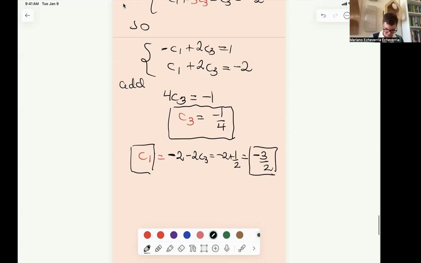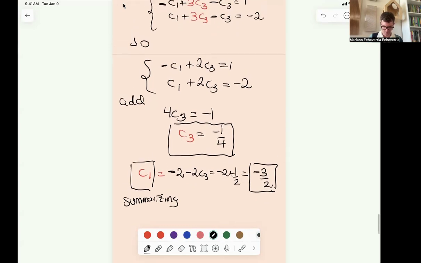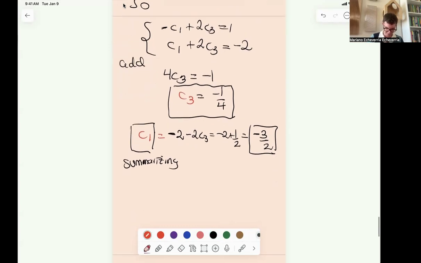So summarizing, what was C0? C0 was 0, if not mistaken. C1 is -3/2, right? What is C2?